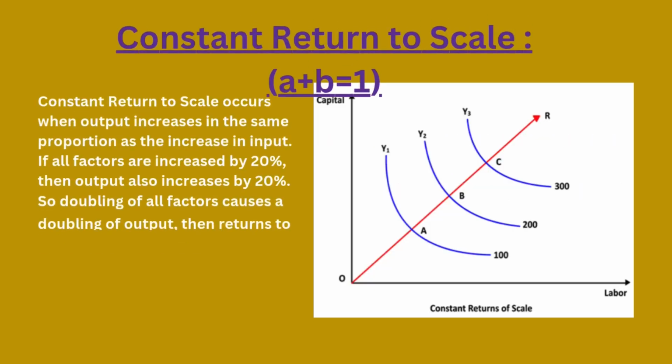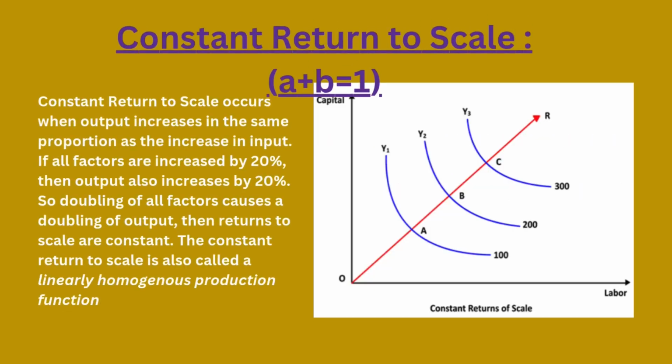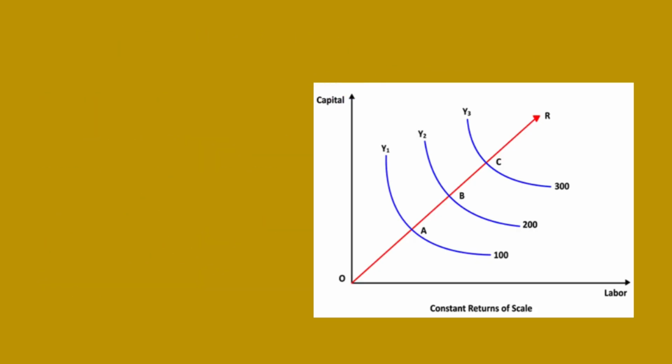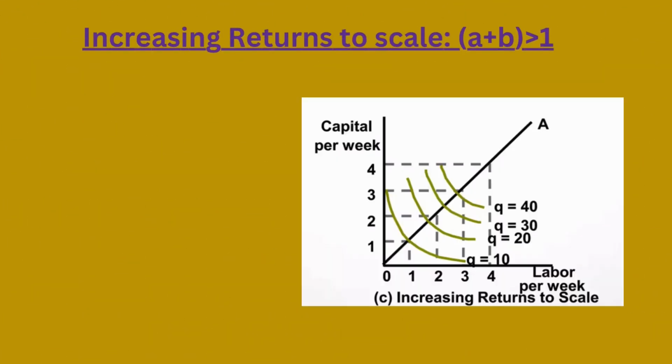So here is the graph showing that constant returns to scale occurs when output increases in the same proportion as the increase in inputs. So if all factors are increased by the same rate, the constant returns to scale is also called a linear homogeneous production function.